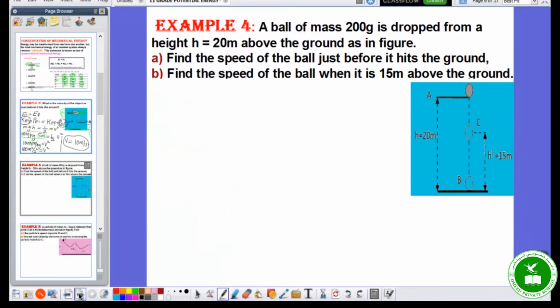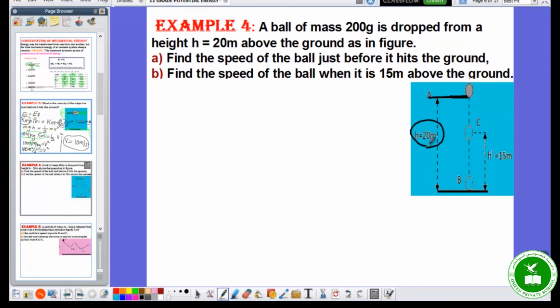Example number 4. A ball of mass 200 grams is dropped from a height of 20 meters above the ground, as in the figure. From this point it is released. It is dropped and the height is 20 meters.